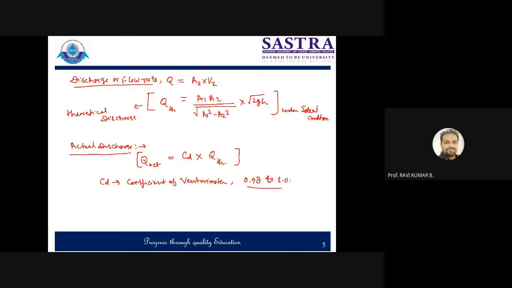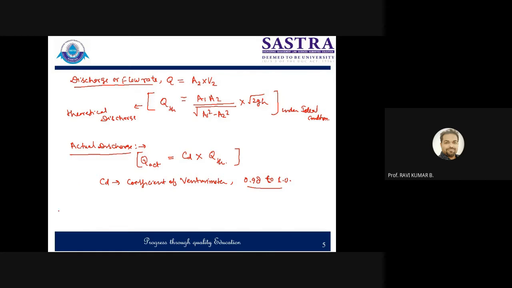This is a very narrow range, and somebody will ask you, why are we adding the CD? CD basically accounts for all the losses. Even though the loss values will be small, they cause a significant decrease in the flow rate, and for that purpose this coefficient of discharge is introduced here. So actual discharge is CD times the theoretical discharge.